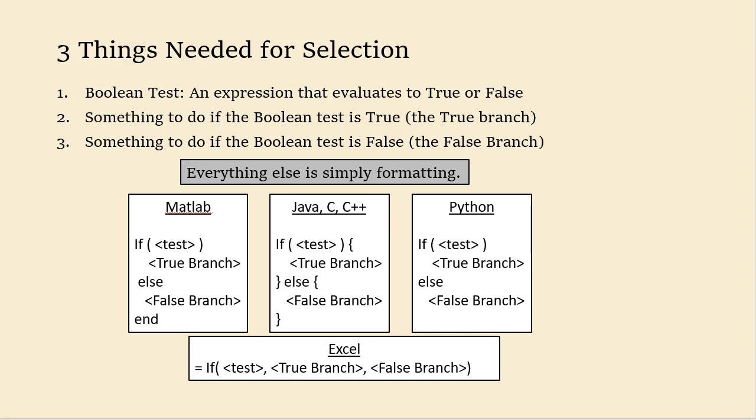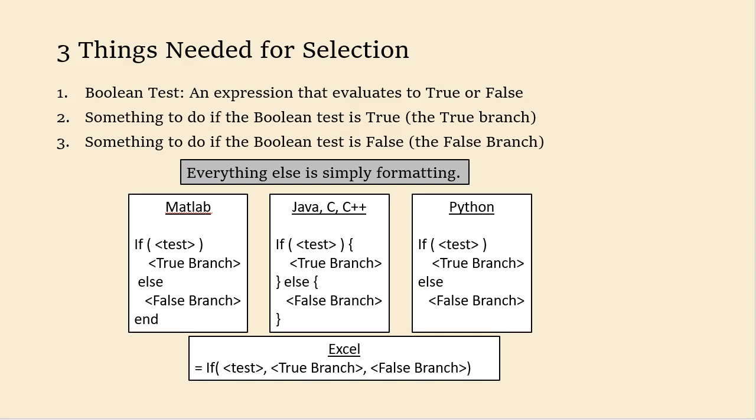So the true branch and the false branch are both delimited by the curly brackets. There are other forms. In Excel, it's if, and then inside parentheses the test, comma, true branch, comma, false branch. Excel is a computational language.